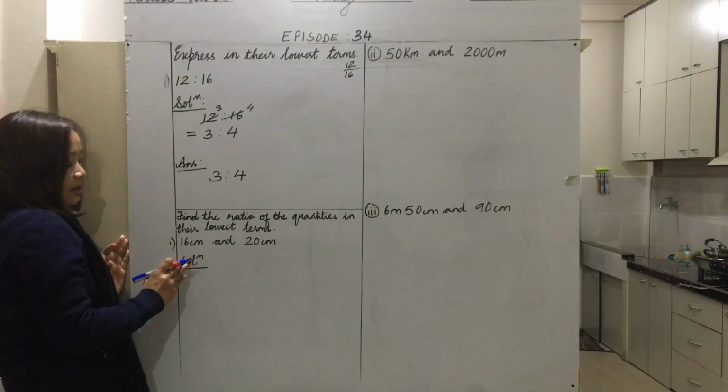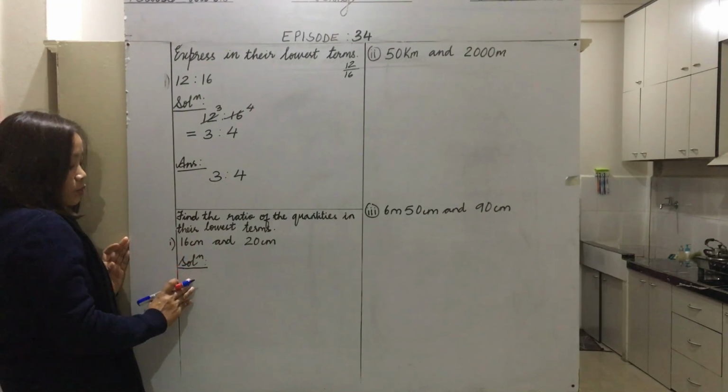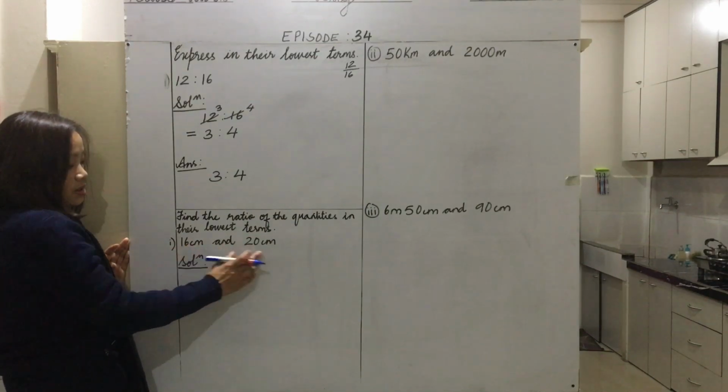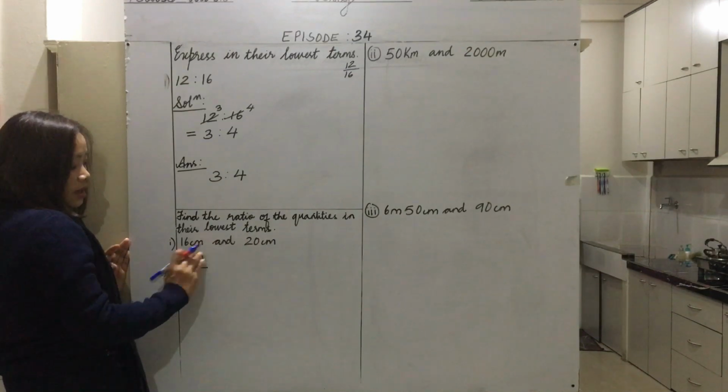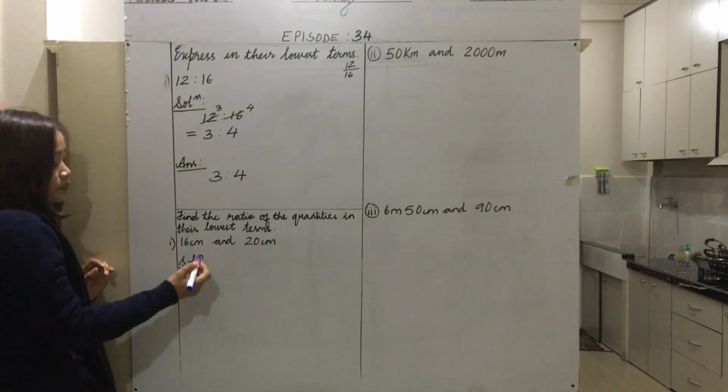Unless they are in the same units, we cannot write the ratio. In this question, both are in centimeters and they have the same units, so we can write them in the ratio.